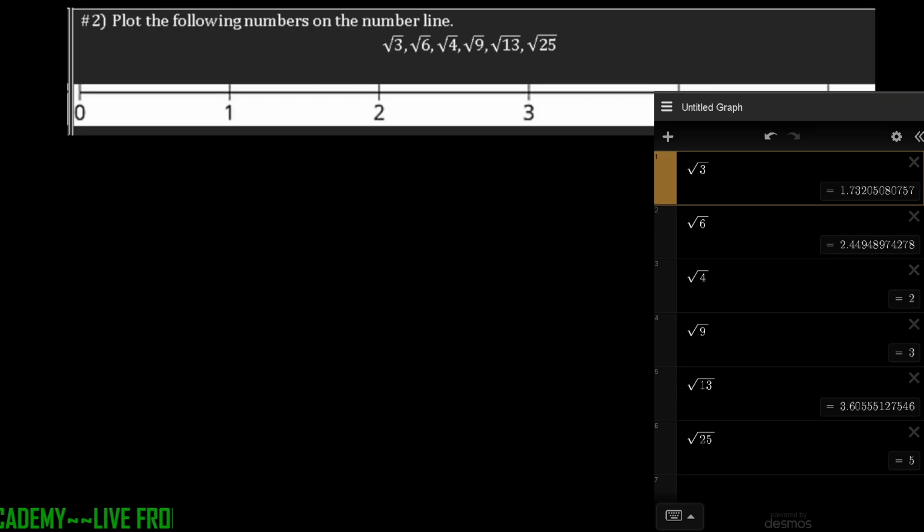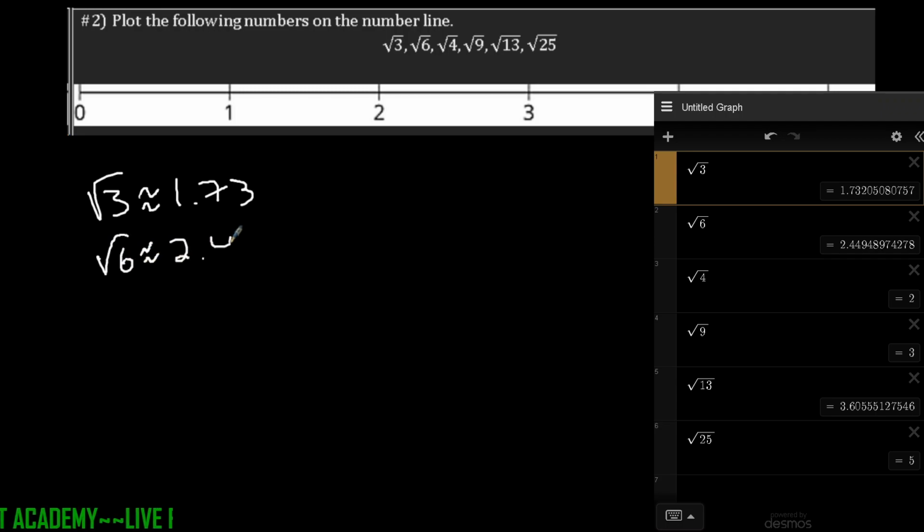I'm going to have the square root of 3, which is about 1.73. Square root of 6 is about 2.44.